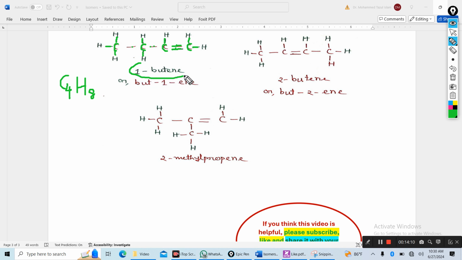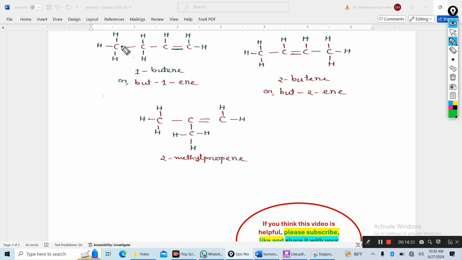This will be 1 butene. Why? If you count from the right hand side, this is 1, 2, 3, 4. The double bond is at number 1 carbon, so it will be 1 butene or but-1-ene, same thing.